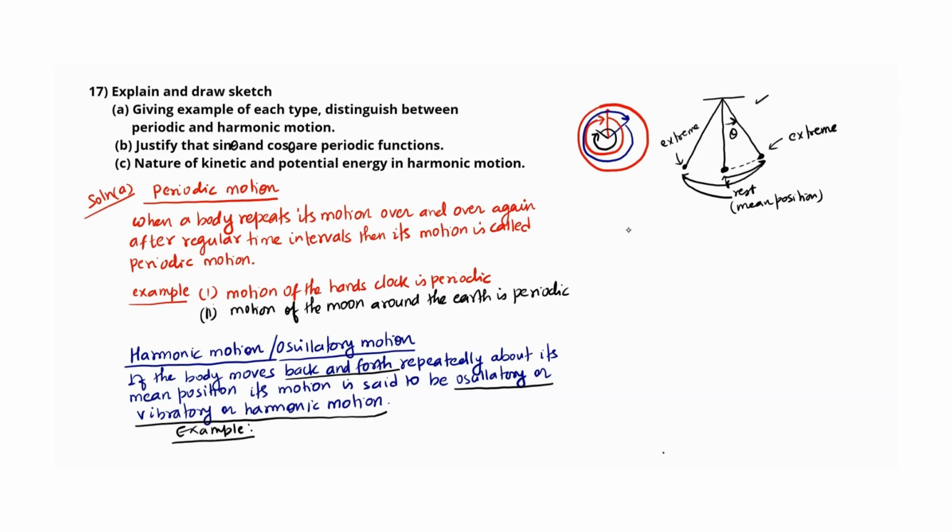Next example is, let's say we have a mass spring system. This is mass m and this is spring with spring constant k. We have a frictionless table. Now this position corresponds to the rest position or equilibrium position.